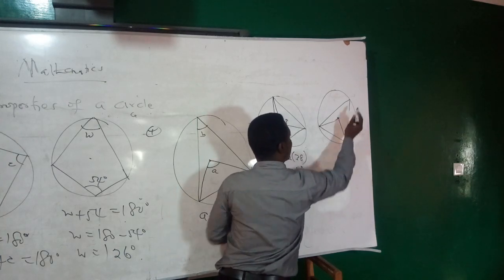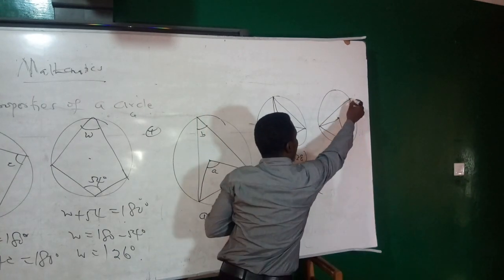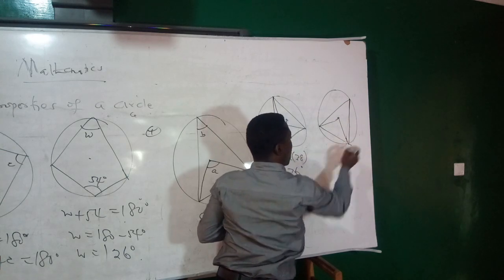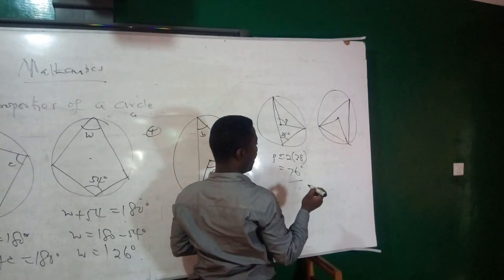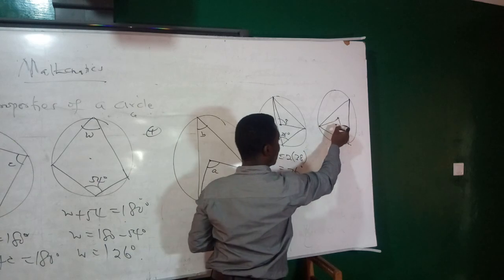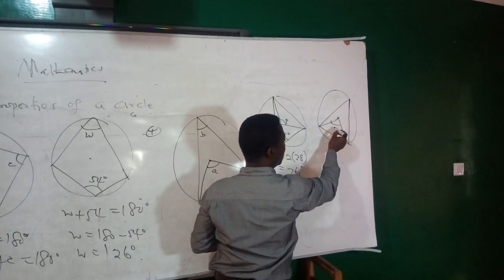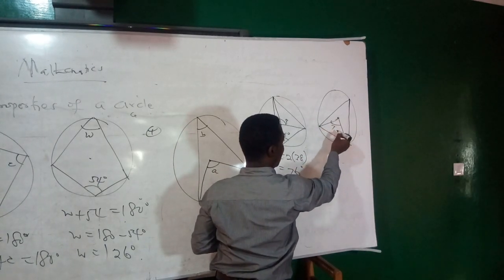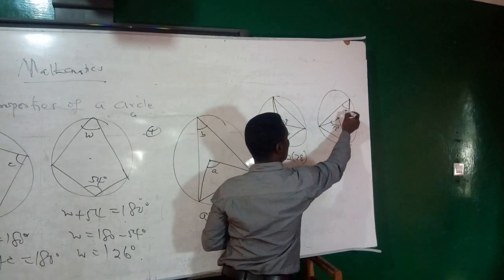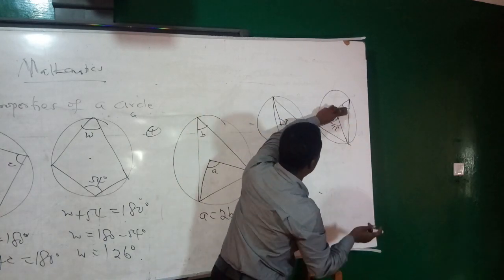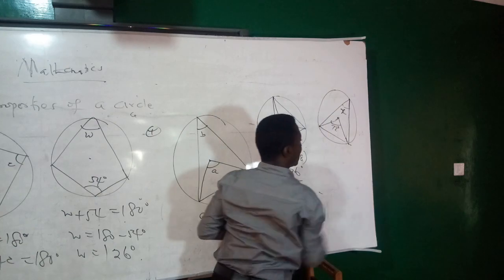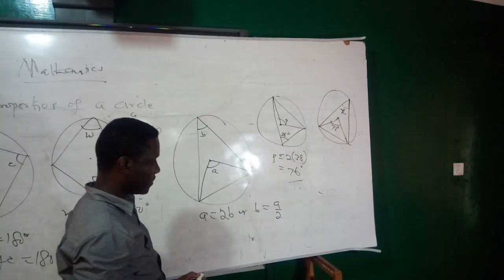and this time we rather know the angle here to be, let's say, 72 degrees, and we wanted to find the angle x, or the angle at the circumference.